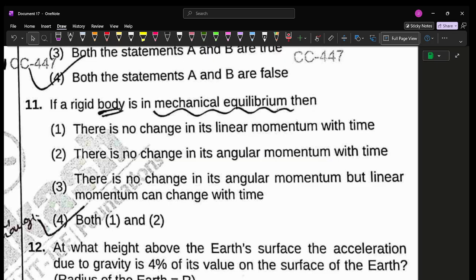Oh, acha, they've given a little bit of depth into it. It has to be constant linearly as well as rotationally. So dp by dt has to be zero, dL by dt has to be zero. So p is also constant, L is also constant. Great.